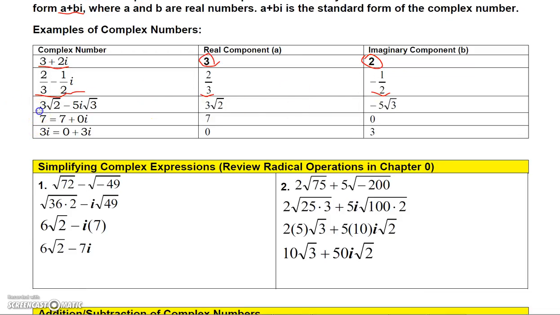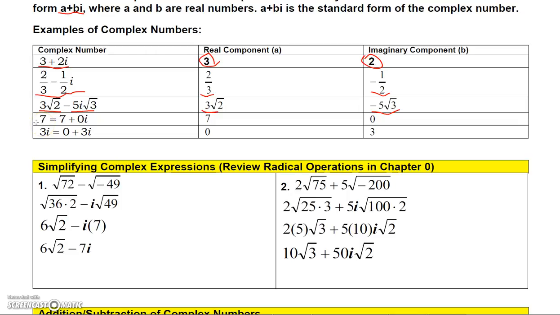If you had something like this, 3 square root of 2 minus 5i square root of 3, the real portion is 3 square root of 2, and the imaginary coefficient is -5 times the square root of 3.